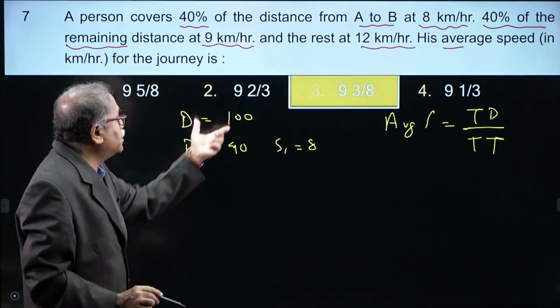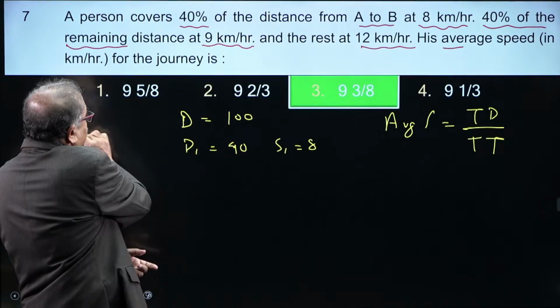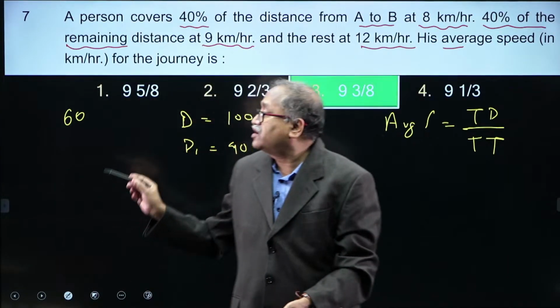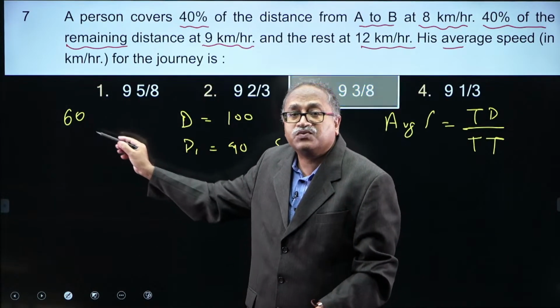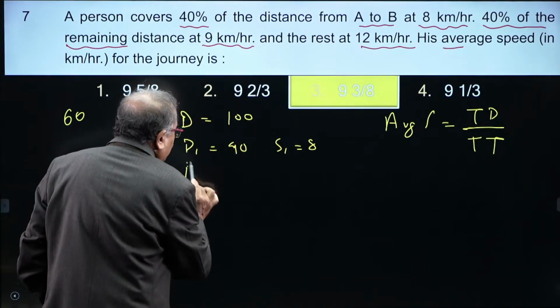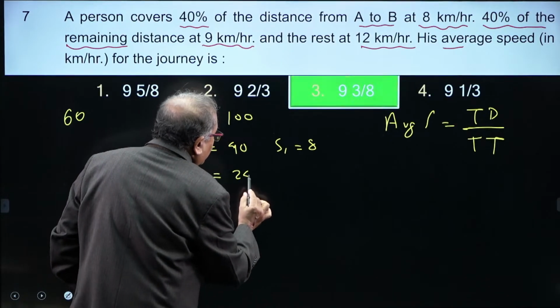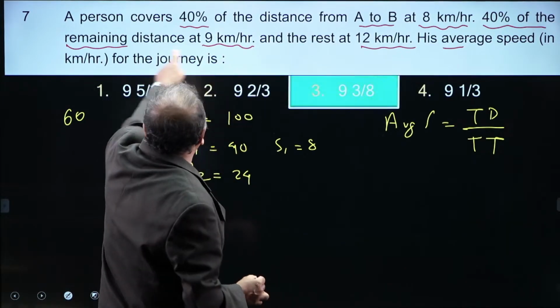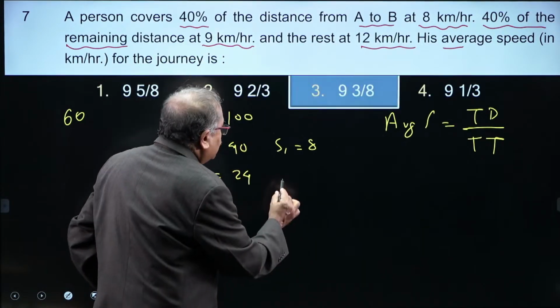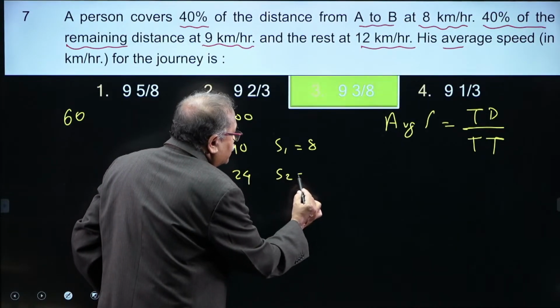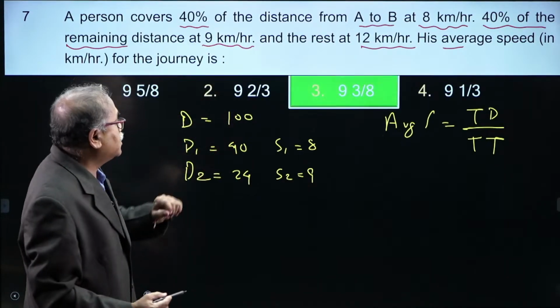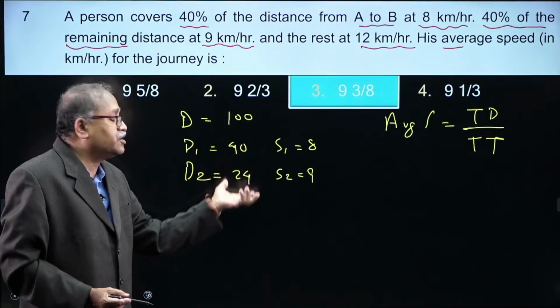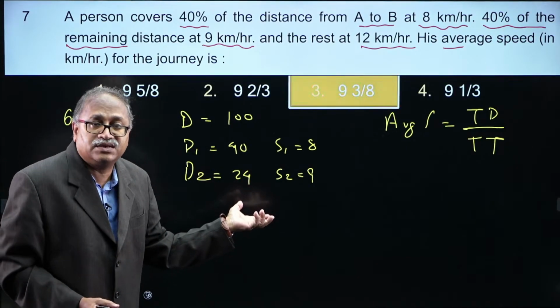40% of the remaining, what is the remaining? 100 minus 40, that is 60, and if I take the 40% of 60, that is 6 4s, that is 24. So, D2, which is 24, with what speed is he moving? The remaining 9 km per hour. So, speed 2, which is 9, and the rest. So, from 100 if I take out 64, I will be left with 36.